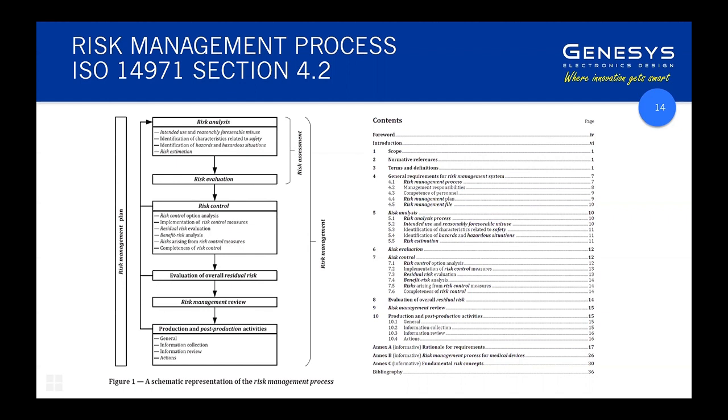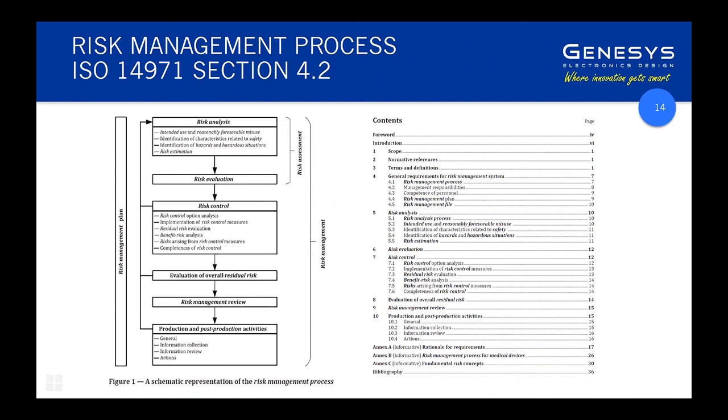Geoff, I'm just wondering, how does this relate, or how is this different from the ISO 31000 generic risk management standard? Not dramatically different. The principles are pretty much the same.